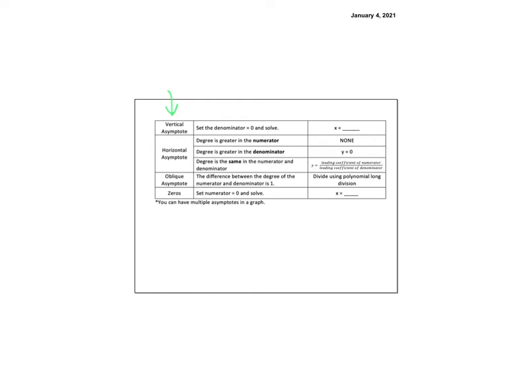We're going to take the numerator and set it equal to 0 and solve. And again, we'll look at that as well, but it's just going to give us some landmarks in our graph as we're sketching that. And then right here, I did just want to note you can have multiple asymptotes in a graph. Sometimes you will have just one with what we're doing, but sometimes you could have 3, for example.